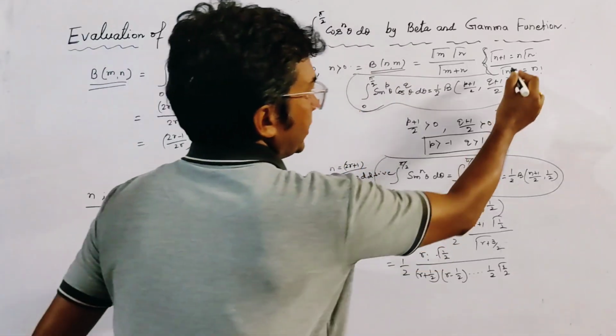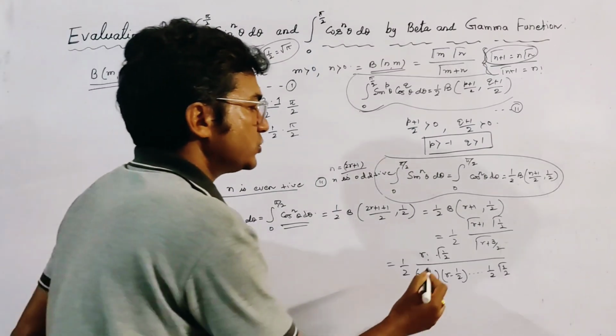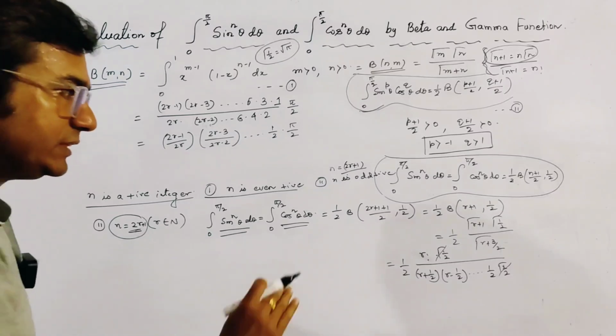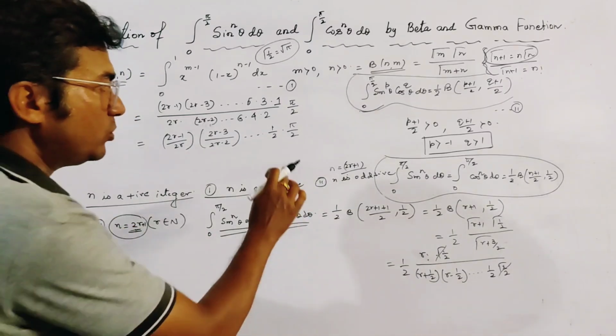Okay, using the property gamma n plus 1 is equal to n gamma n, here it is clear that gamma half and gamma half cancel out.